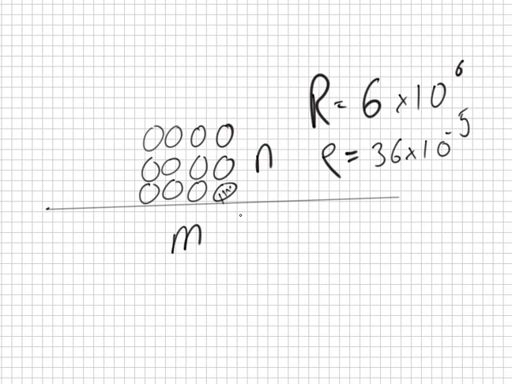The diameter of one atom is 2 times 10 to the minus 10, so the radius of one atom is 1 times 10 to the minus 10. Find the area. We'll find the area first.